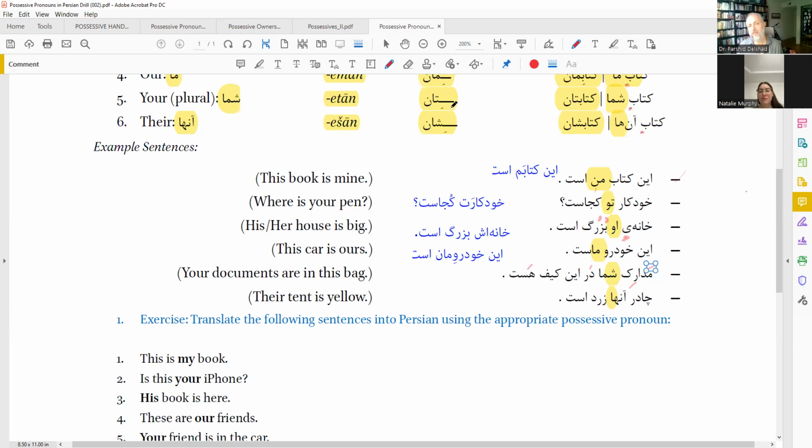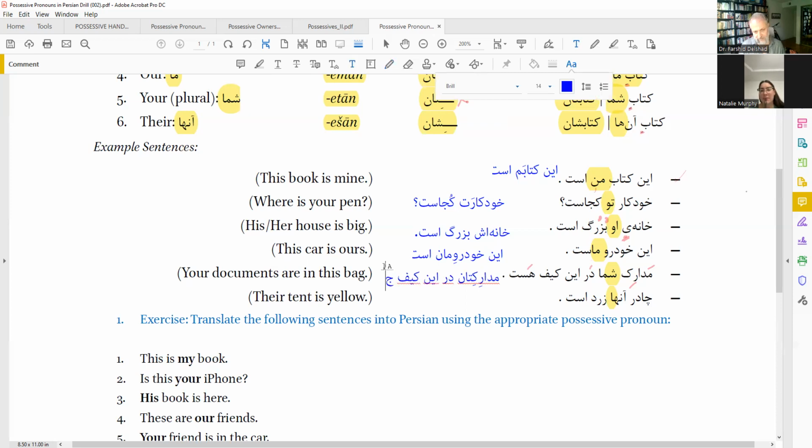Now you want to use the enclitic form. So مدارکتان در این کیف هست.